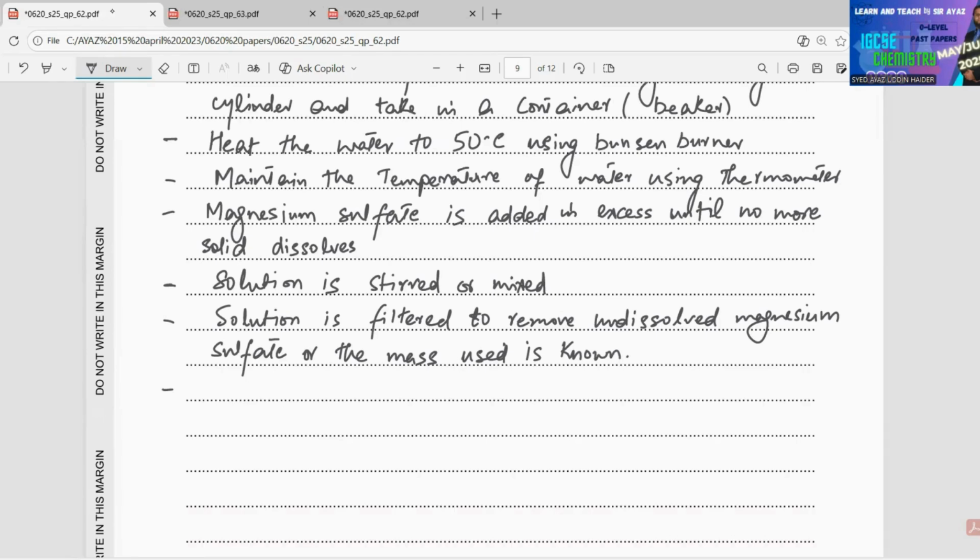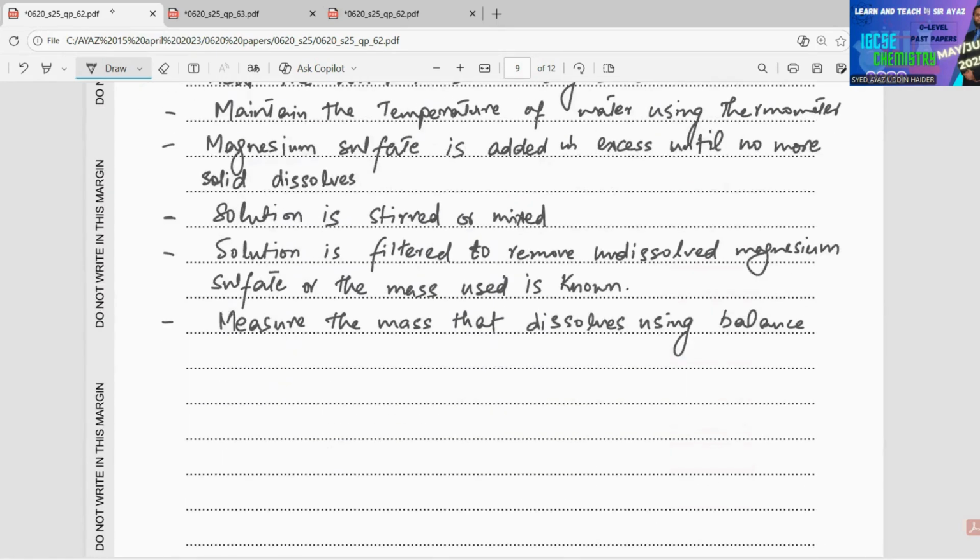What else can you write? Measure the mass that dissolves using a balance. So you can write any 6 from these in order to gain the full 6 marks.